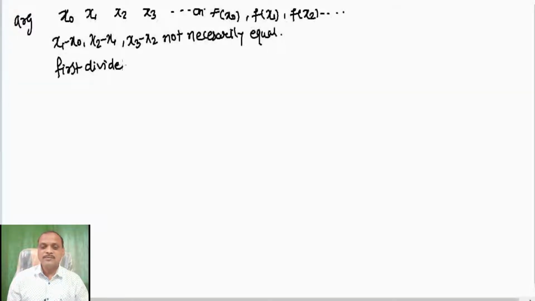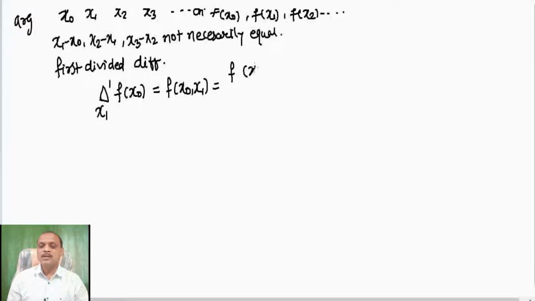We call this the first divided differences, and we use the symbol delta dash. The first divided difference between the points x0 and x1 we denote as f of x0 comma x1, and we calculate it as f of x0 minus f of x1 divided by x0 minus x1.